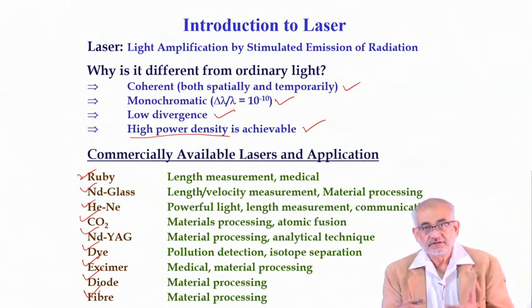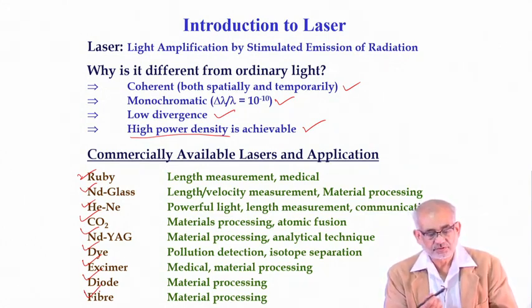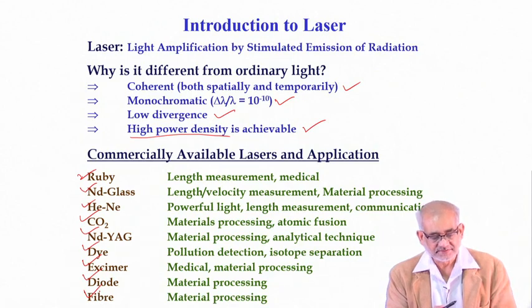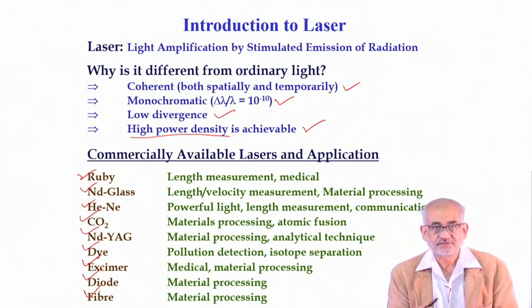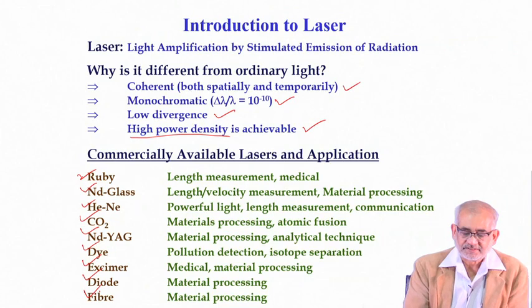So we'll discuss some of the characteristic features that are very important for lasers. All these lasers vary from each other in terms of wavelength and in terms of the amount of energy that they can deliver, and obviously that defines the scope of application.